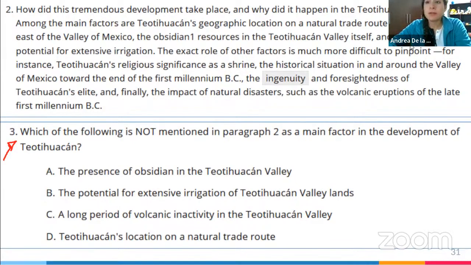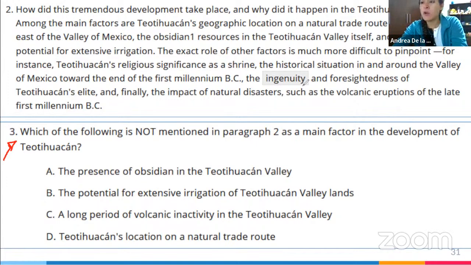For these questions, the process is exactly the same as I was telling you. You don't read the options. First, you read the question, you identify the keywords. They're asking for what is not mentioned as a main factor in the development of Teotihuacan. Keywords, probably factor, development, Teotihuacan, right? Or their synonyms could also work.